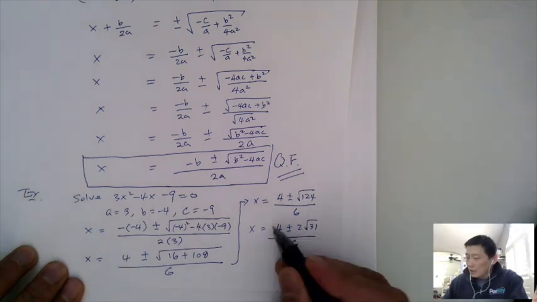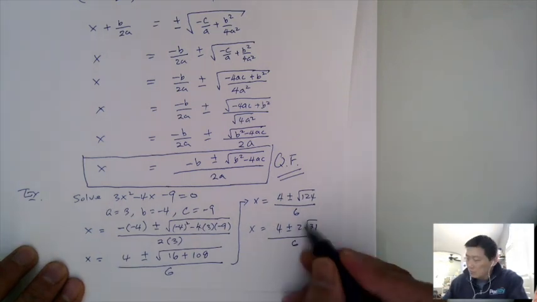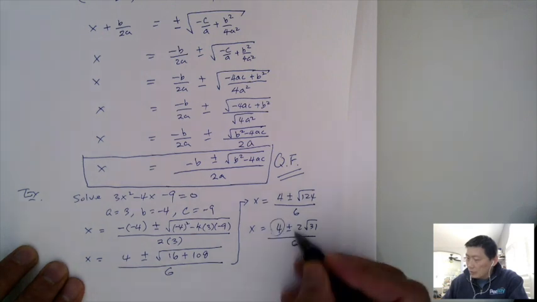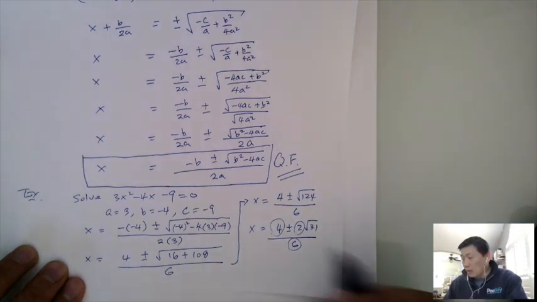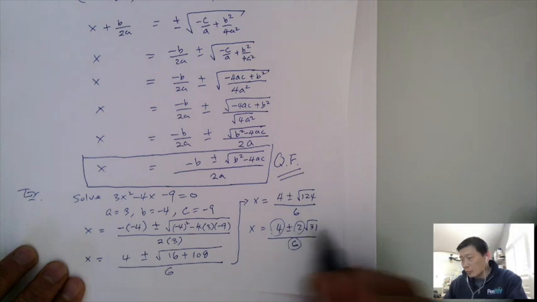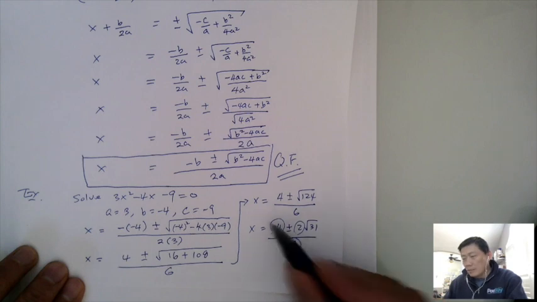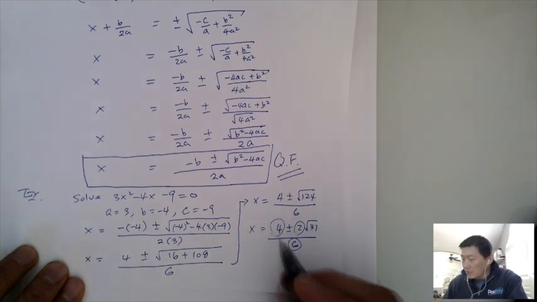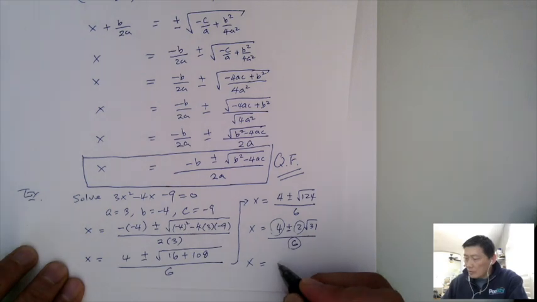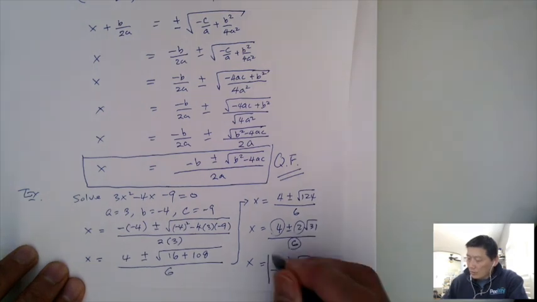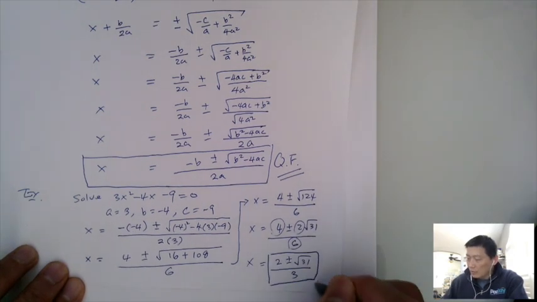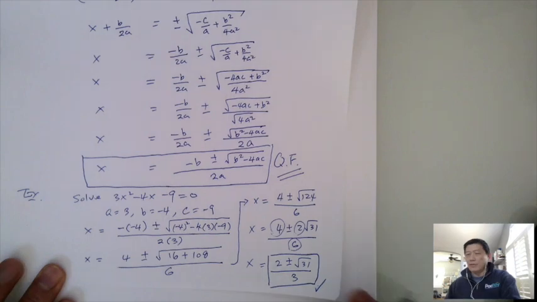Now you can factor: you have a 4 here, you have a 2 here, you have a 3 here. Because the numerator has 2 terms, if you simplify with one particular side, you have to do the same thing over here. So this turns out to be 2 plus minus square root of 31 over 3. So that becomes your final solution.